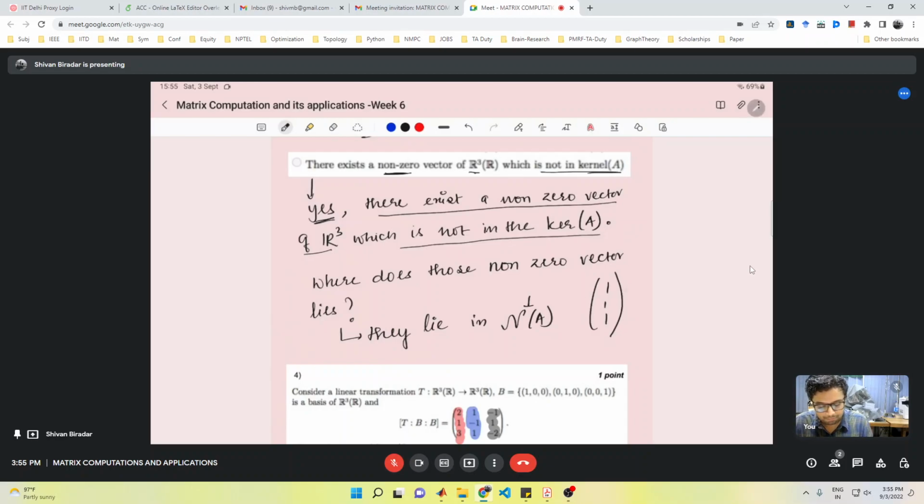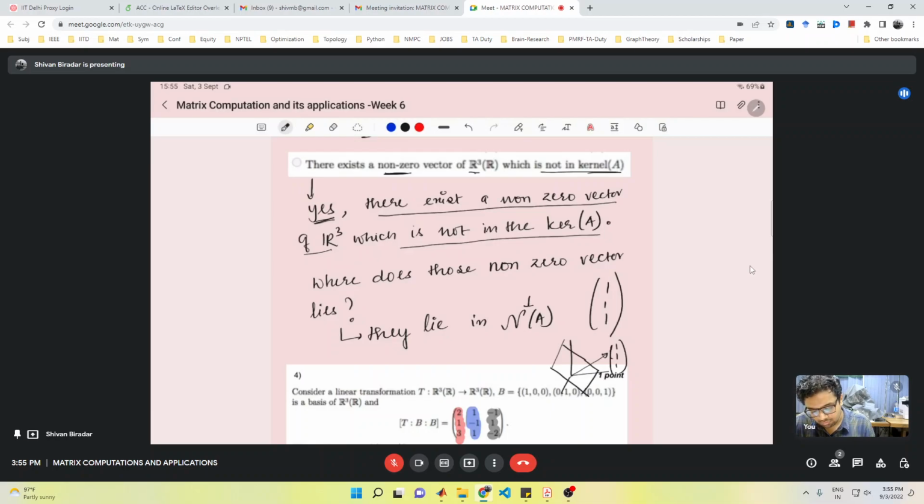So if you take a perpendicular of this line, let us say that 1, 1, 1 is this vector. If you have another line or a plane which is perpendicular to this line, let us say that this plane is perpendicular to 1, 1, 1. Right.